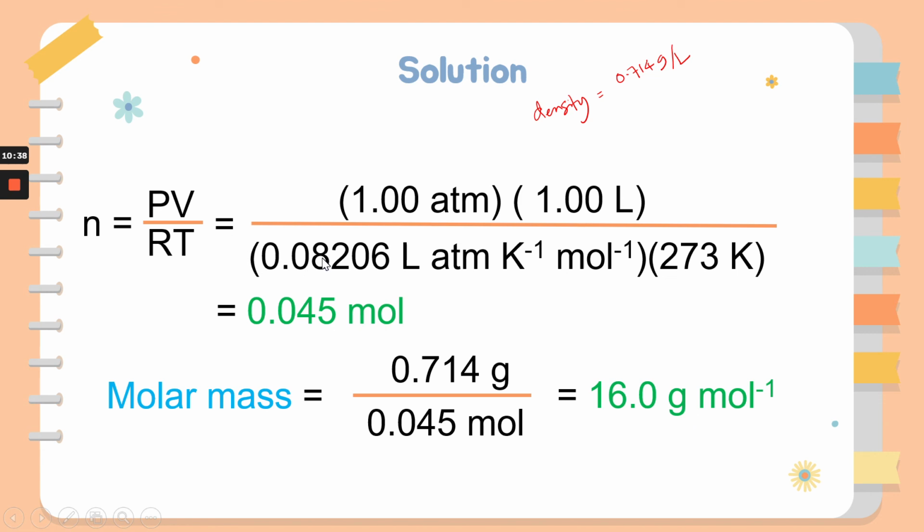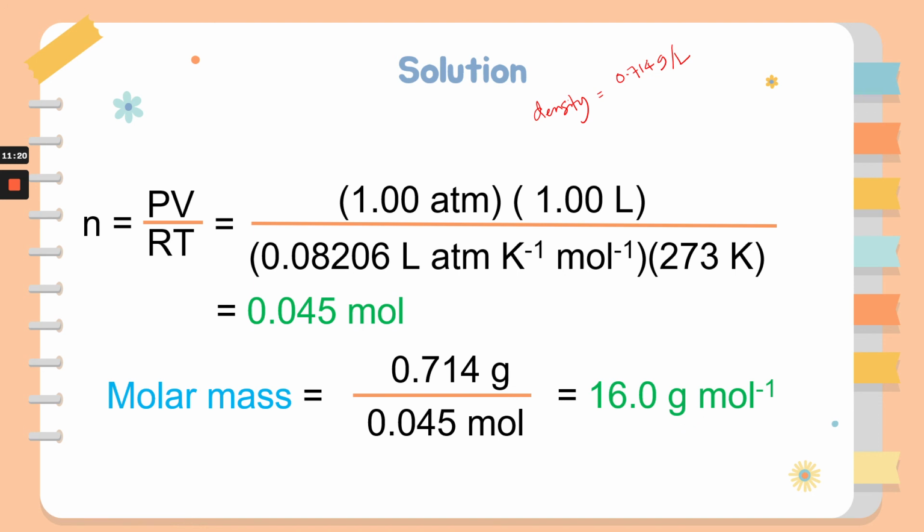R we use 0.08206 liter atm per Kelvin per mole, because we have pressure in atm, volume in liter, and temperature in Kelvin. So we can use this R constant. We have the answer for the number of moles, which is 0.045 mole.